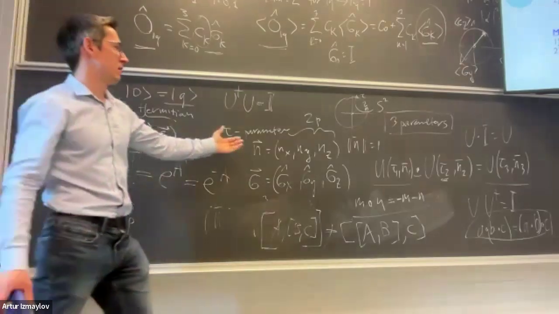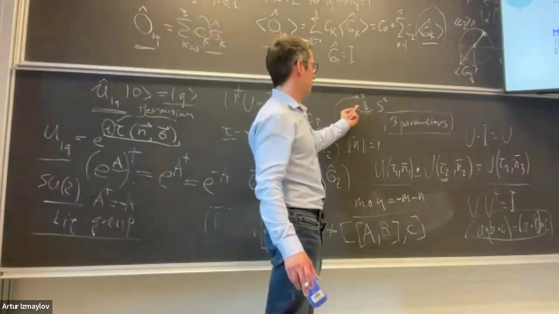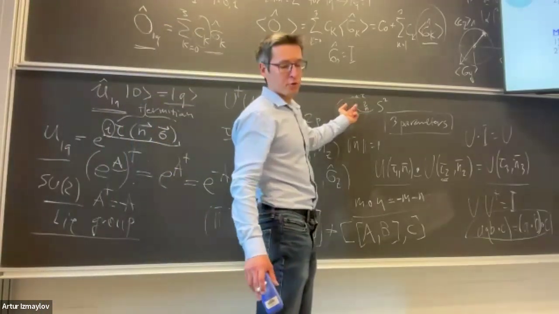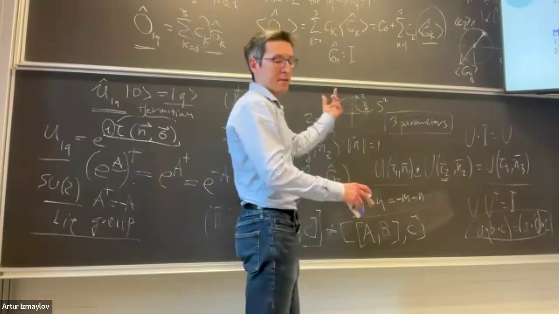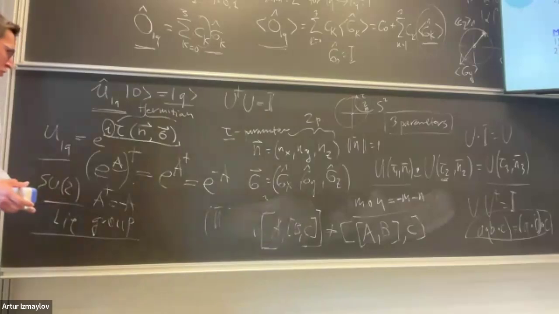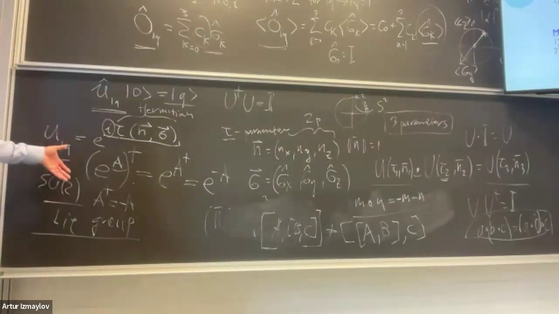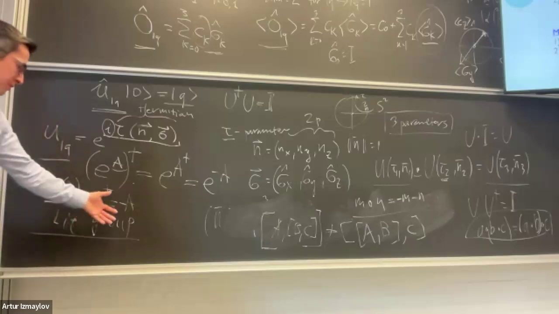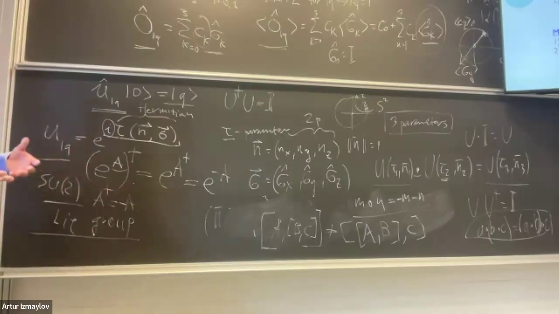So n is the unit vector that can be parameterized by 2 continuous variables like azimuthal and polar angle. And so the nice thing about all this is, on the one hand, these Lie groups are kind of more complex than the groups that you may have seen in, say, point groups in the spectroscopy of molecules.